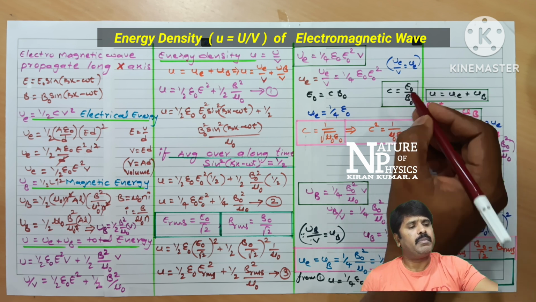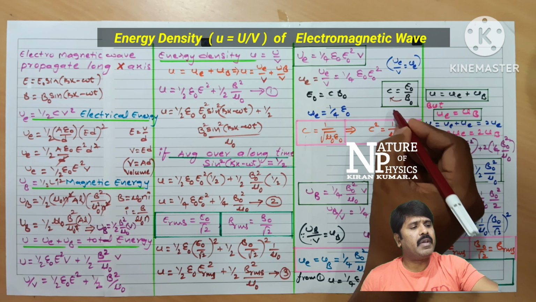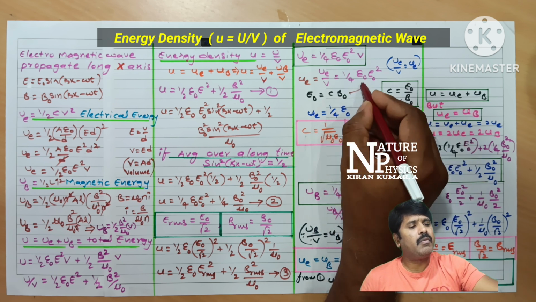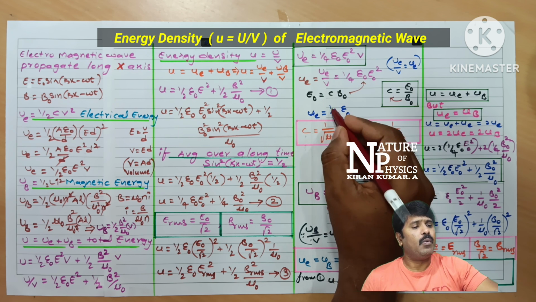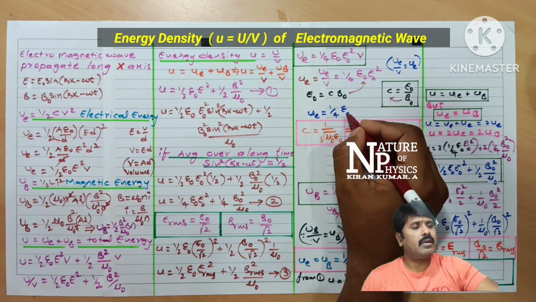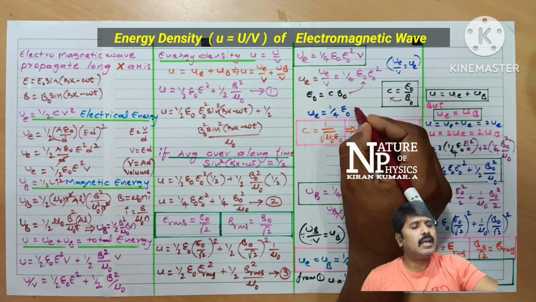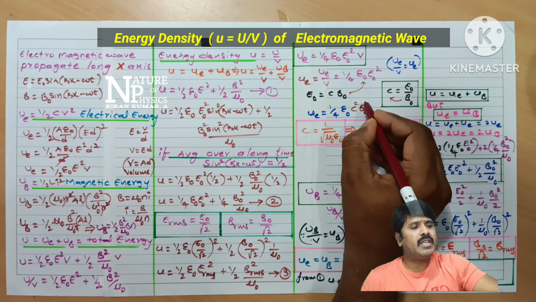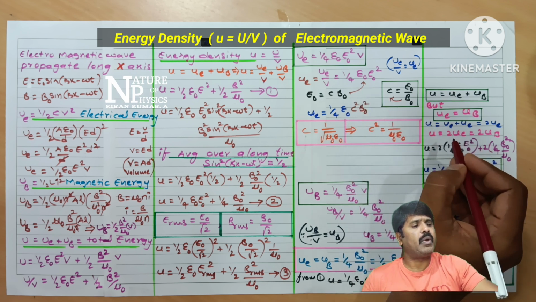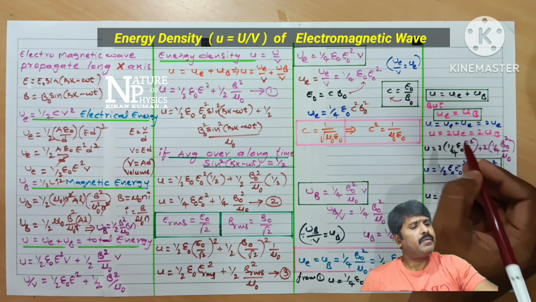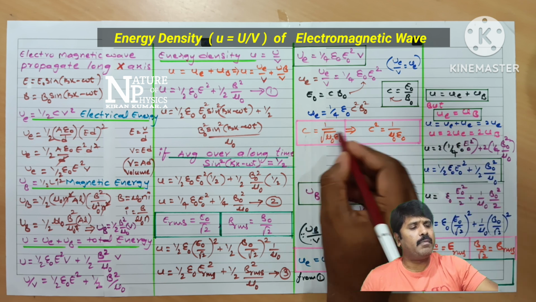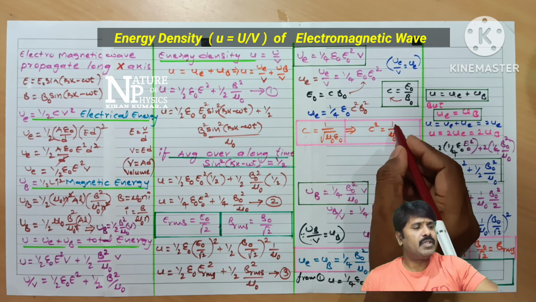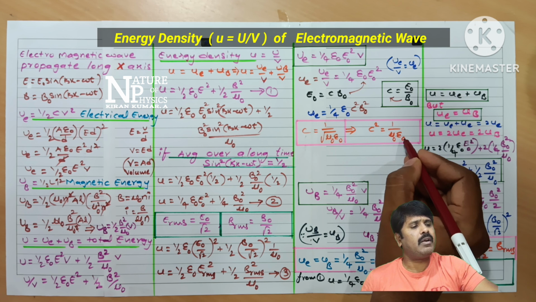So E naught is equal to C into B naught, replaced in the above equation: UE is equal to 1/4 into epsilon naught, E naught value is C B naught, but E naught square is there, that's why C square B naught square, student. In this equation we can replace C is equal to 1 divided by root over mu naught epsilon naught. Squaring on both sides, C square is equal to 1 divided by mu naught epsilon naught.